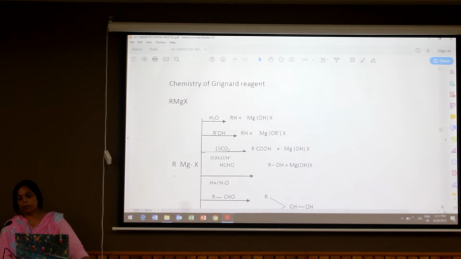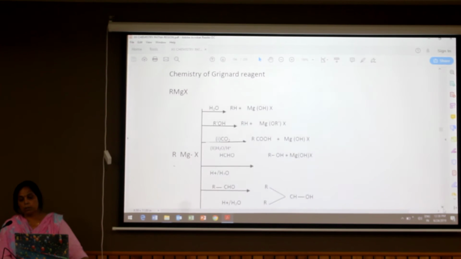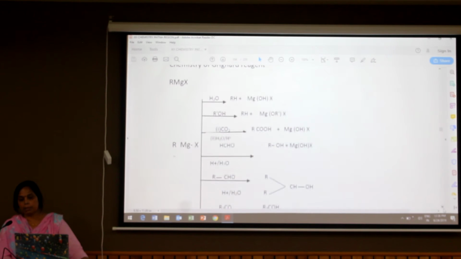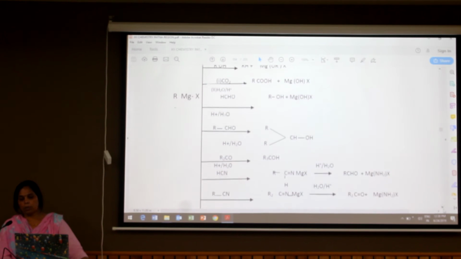Now we come to some chemistry of Grignard reagent. Grignard reagent is RMgX. When it is heated with water, or reacted with moisture, it gives a hydrocarbon. Similarly, it reacts with alcohol and is also converted into hydrocarbons. When it reacts with carbon dioxide, it forms carboxylic acid.